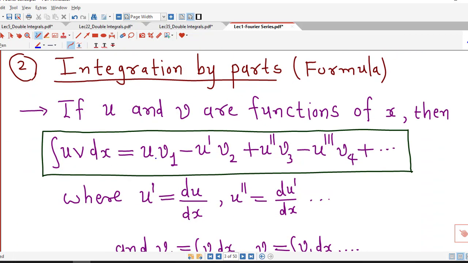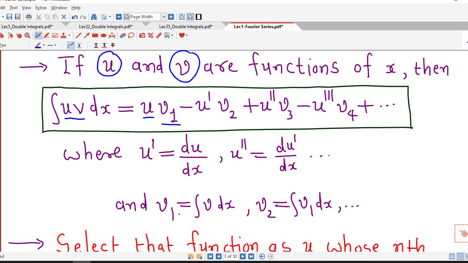Another important remark is this formula for integration by parts. Suppose we have two functions of x in a product, then the integral of uv with respect to x is given by this formula. First u as it is, v1 means the integral of function v. v1 is the integral of v with respect to x, minus the derivative of u, that is u dash, and the integral of v1, which is nothing but v2.